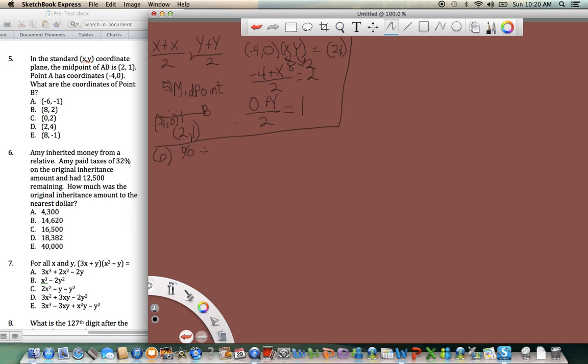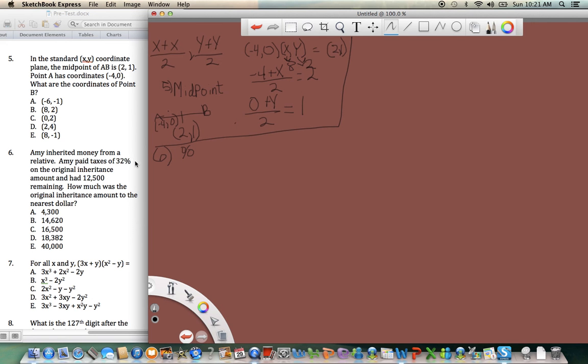So let's read this. Amy inherited money from a relative. She paid taxes of 32% on the original inheritance amount and had $12,500 remaining. How much was the original inheritance amount to the nearest dollar? Well, what she has left is after she paid the 32%.